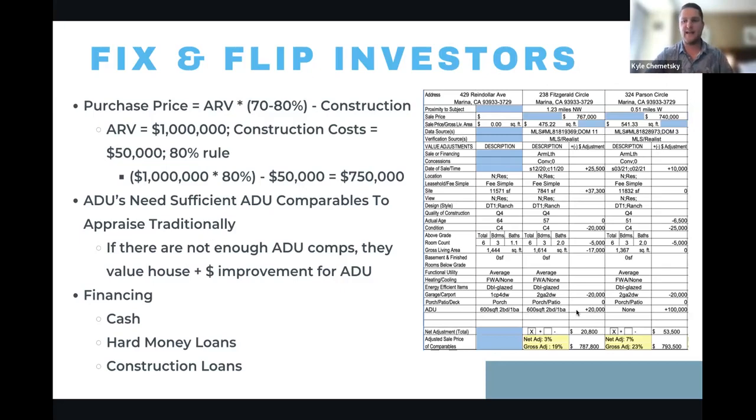If they're in a neighborhood like Pebble Beach, Cupertino, Los Gatos, Clovis, anywhere that's a higher price point compared to other places in the area, that's when you can maybe get into a conventional loan situation, and you can really put some beautiful upgrades in it. But normally, in order to do a fix and flip, you're looking at somebody who's going to buy cash, buy with a hard money loan, or buy with a construction loan.